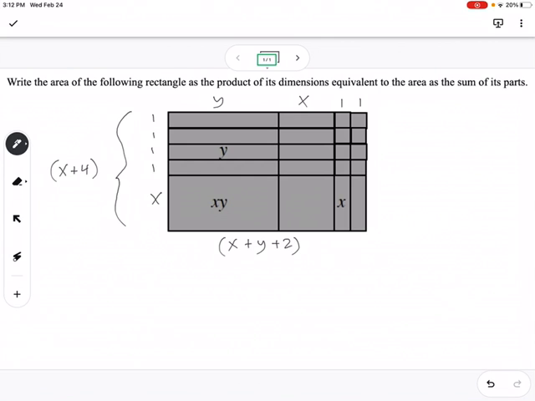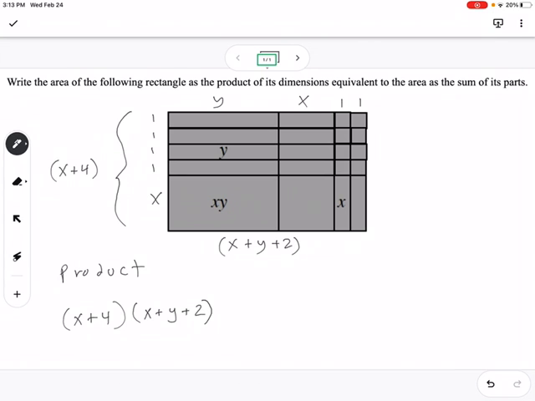Okay, so as a product of the dimensions, we would write x plus 4, that's a binomial, 2 terms, times x plus y plus 2. So that's what it would look like as a product.